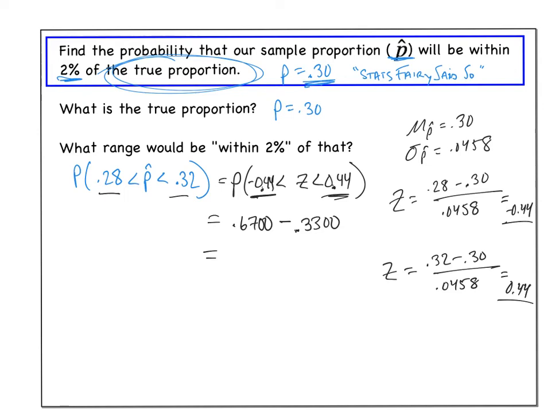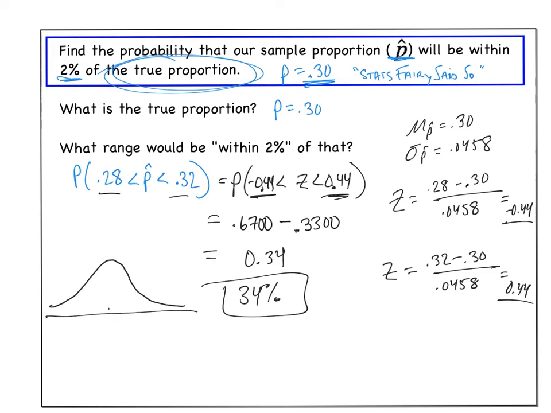And when we subtract those, we get 0.34. So the answer to our question is 34%. And again, if you were to draw a picture, we've got a z-score of negative 0.44 and a z-score of positive 0.44, and we're finding the probability of being in between, and that's about 34%.